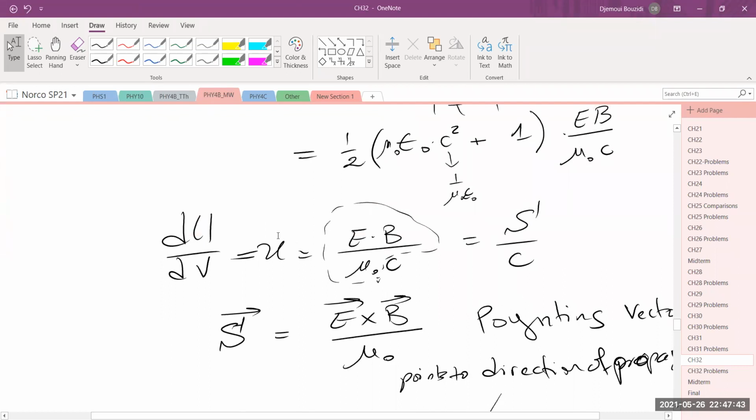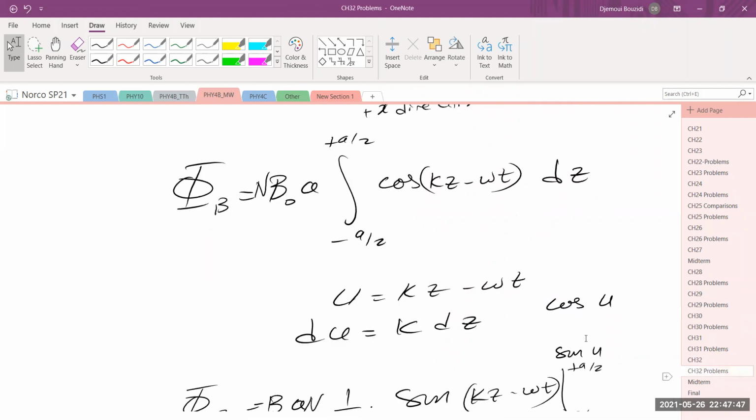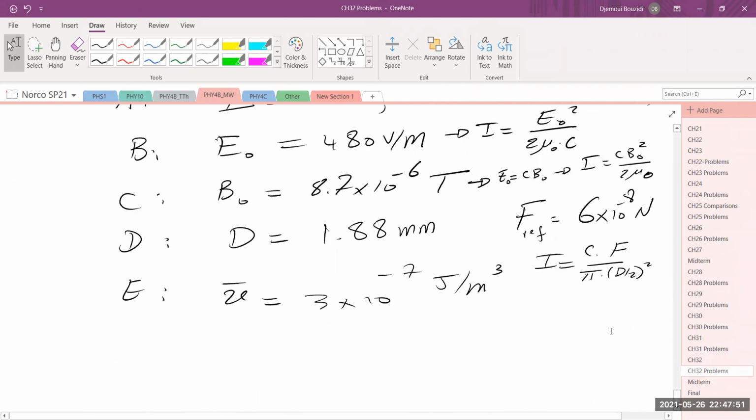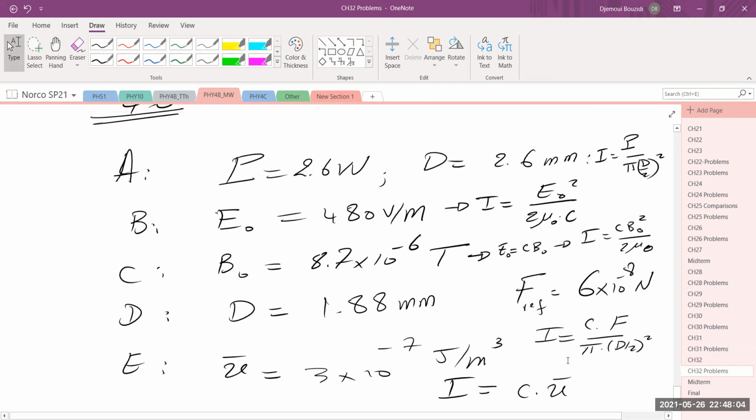So I is equal to C times U, okay? This one, I, because this is the average. So the intensity will be just the speed of light times U bar. Does everybody see that this is doable? This problem is doable. Once you find the I's, you're going to rank them from the highest to lowest.